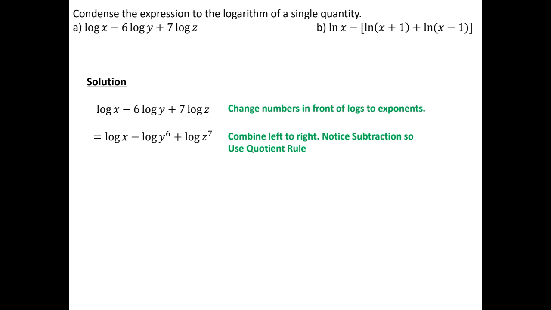So the first thing that I'm going to do here is the subtraction of the log of base 10. Again, this is a base 10 since they didn't write it. I know it's a base 10, so log of base 10 of x minus the log of base 10 of y to the 6 can combine by doing my quotient property, the log of base 10 of x over y to the 6. Now again, I didn't mention this, but I can only use my properties if I'm dealing with the same base.